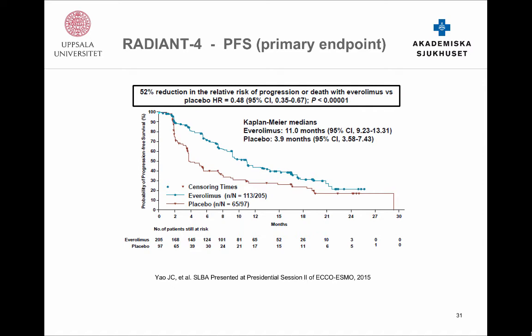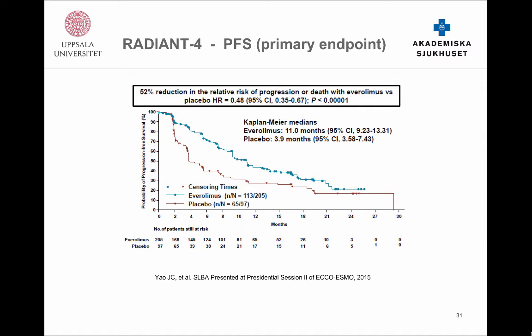And if you look then at these curves, you have seen this in the morning by Dr. Ramirez, looking at progression-free survival. There is a significant difference, 11 months median in the treatment group compared to the placebo, only 3.9 months.